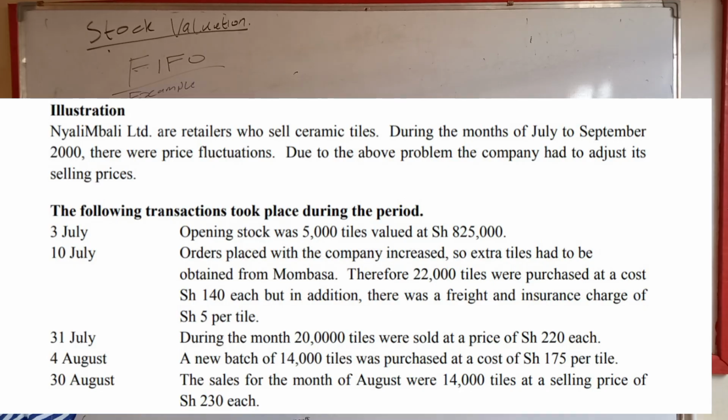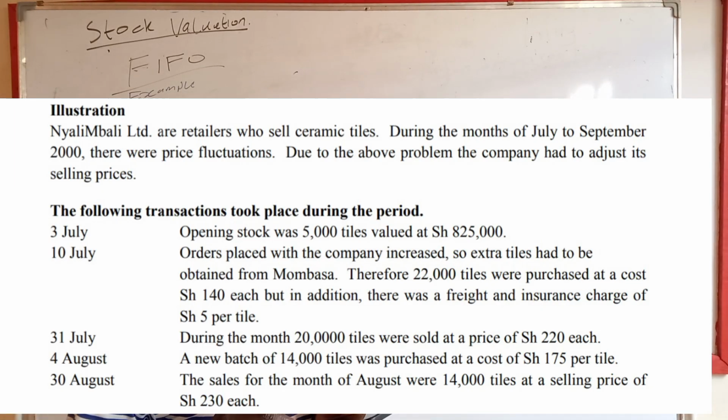Nyali Valley Limited are retailers who sell ceramic tiles. During the month of July to September 2000, there were price fluctuations. Due to the above problem, the company had to adjust its selling price. The following transactions took place during the period. First transaction took place on 3rd July.